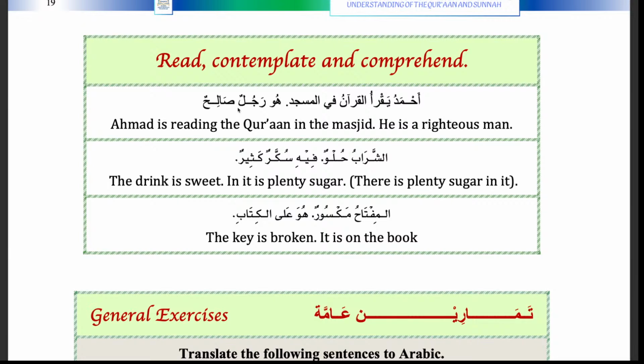Now, one note again, if I say he is a righteous man, and I say the man is righteous, the expression is different, right? But the general meaning is the same. Technically, I'm still describing the man as being righteous.